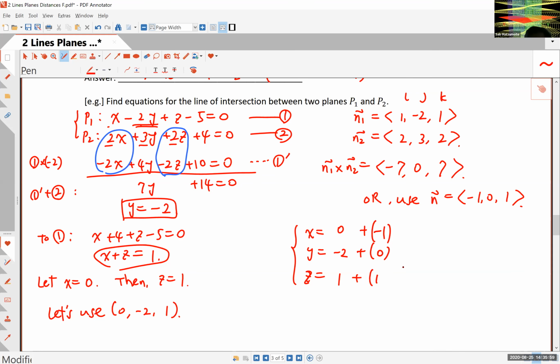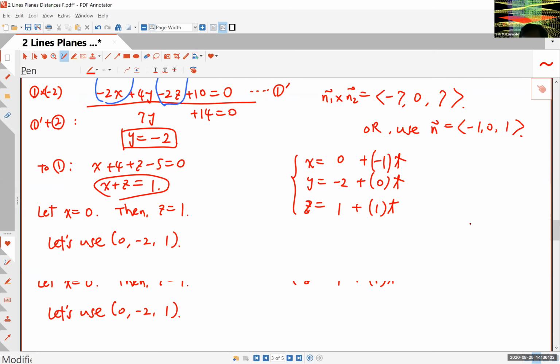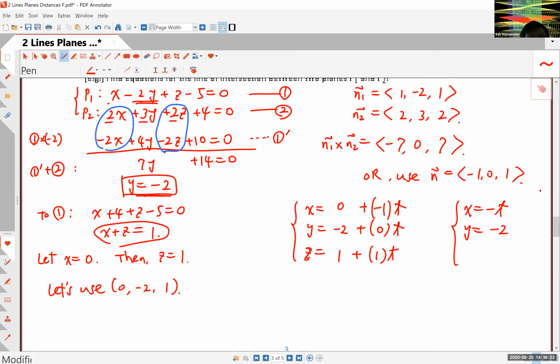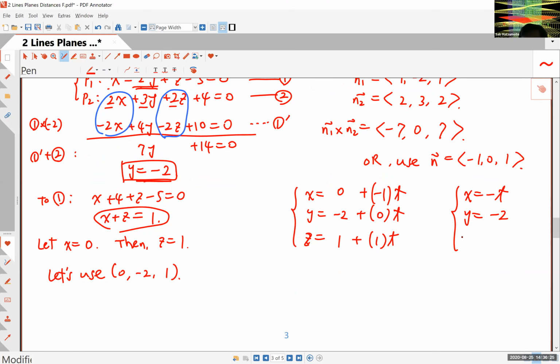Well, you don't have to write all the unnecessary things here. I think you can do better. x is -t, y is -2. Notice here, by the way, y has to be -2 regardless of t. So this y value will not change on this line of intersection, which, by the way, means it is parallel to the xz plane. Not clearly understood from the problem. And then the last one, z is equal to 1 plus t. Okay, so these are the parametric equations.